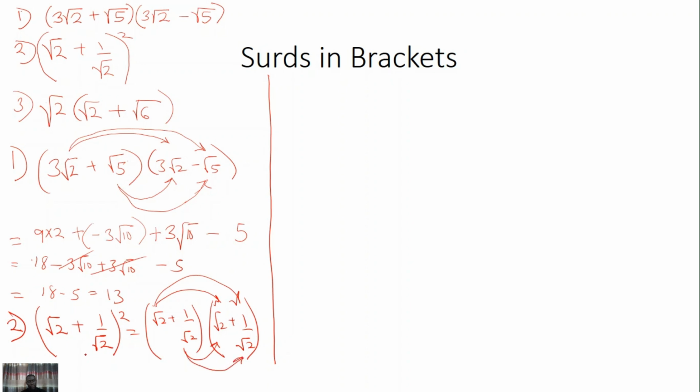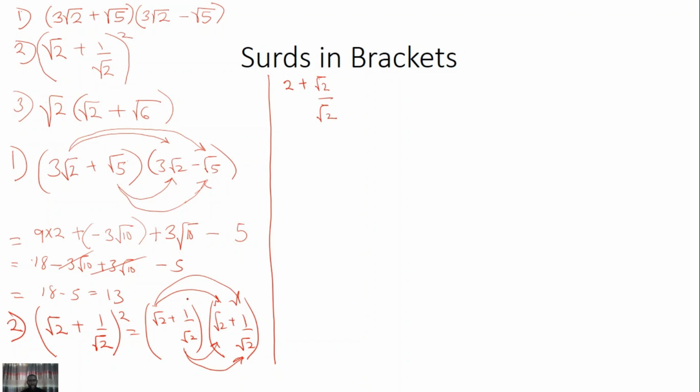Okay. So, root 2 times root 2, that will be equal to 2, okay, plus root 2 times 1 over root 2, that will be equal to root 2 all over root 2, okay.